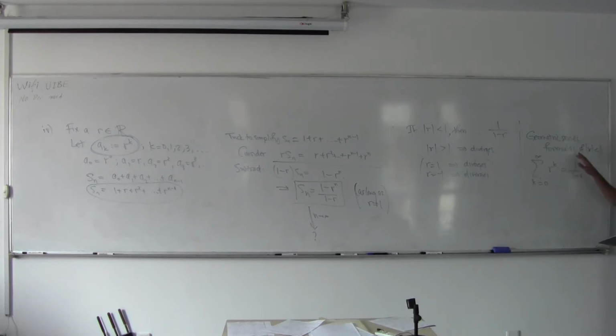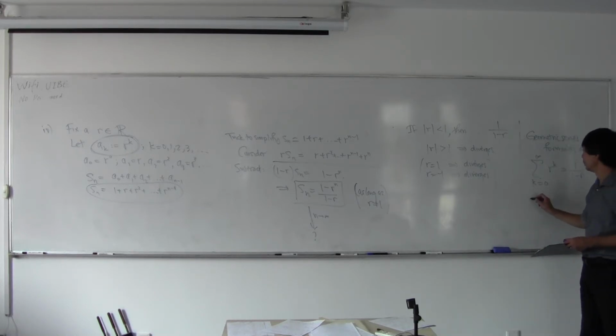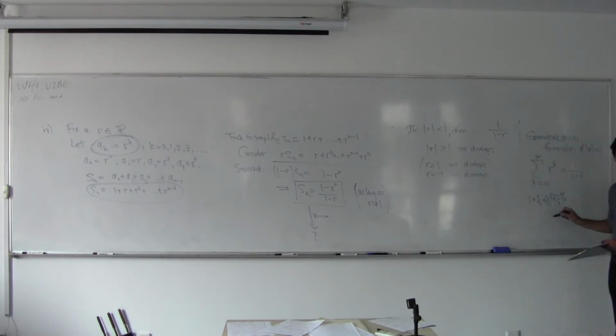This is a very, very famous and often used formula. It's a very useful formula in mathematics. So, for example, what is 1 plus 1/3 plus 1/3 squared plus 1/3 to the 4th plus and so on?